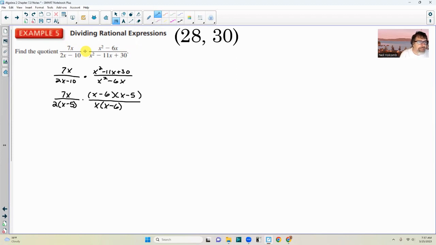Now that I've done that, x minus 6 cancels with x minus 6. I have an x minus 5 over here and an x minus 5 over here. I have an x here and an x here, and this simplifies to 7 over 2. Okay, but what are the restrictions on our domain? X can't equal 5, and x cannot equal 6.